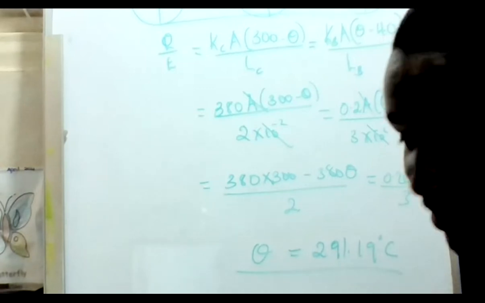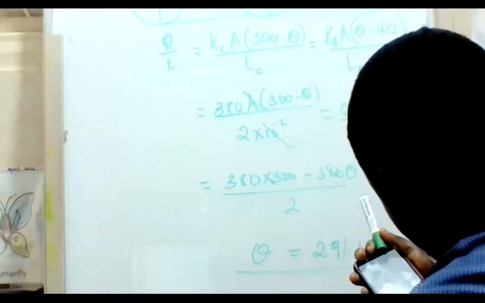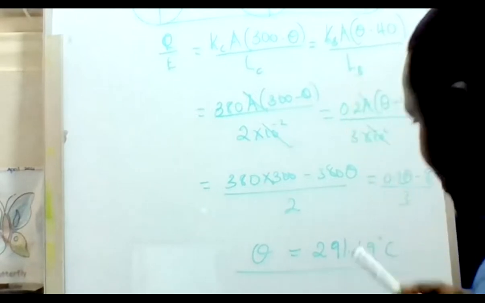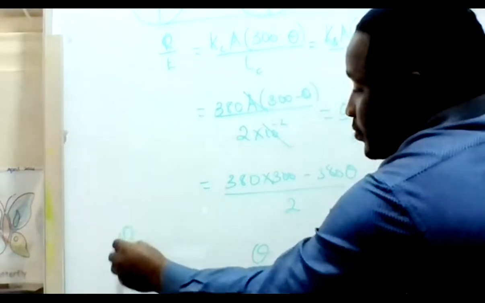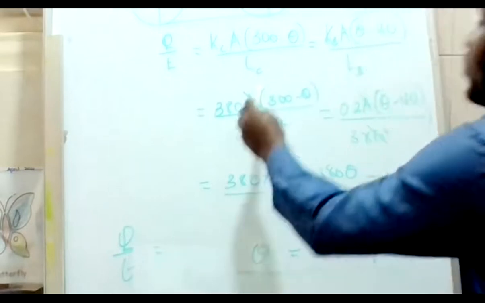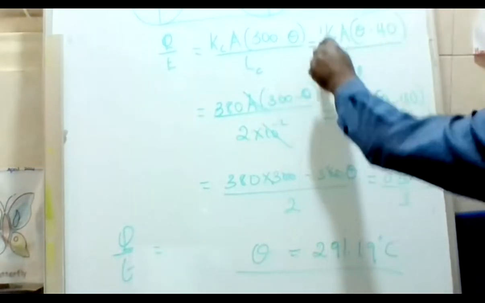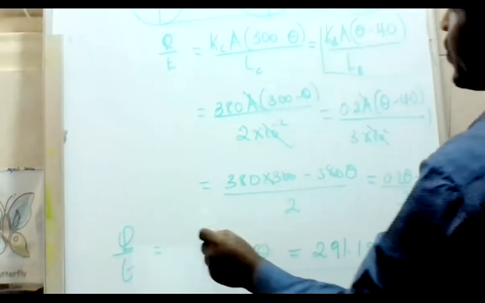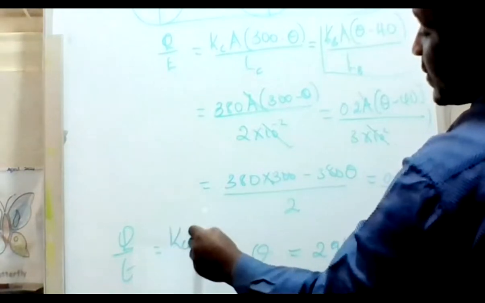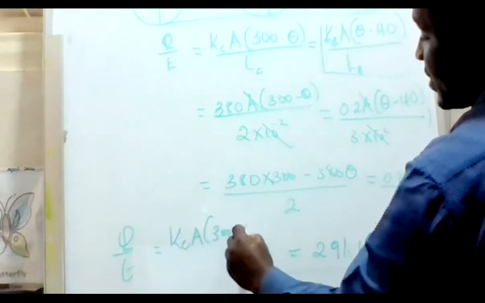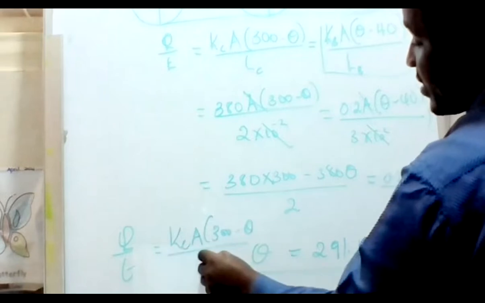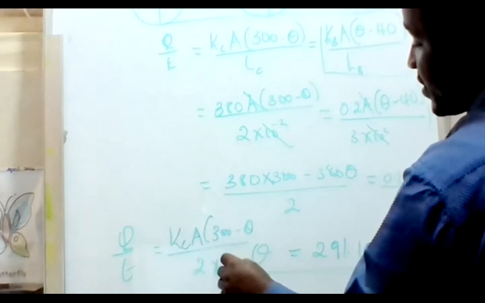After finding that temperature, you go back and substitute, and then you find Q over t. Put it in one of the equations, put it here: Q over t is equal to K of copper times area times 300 minus theta, divided by 2.